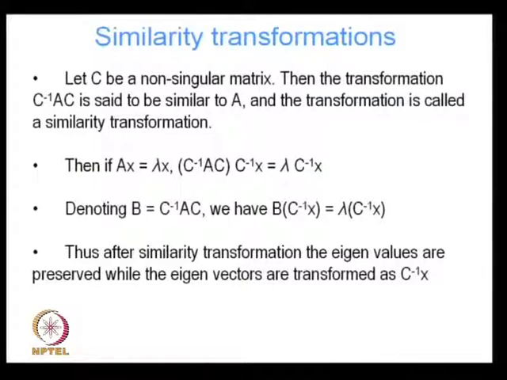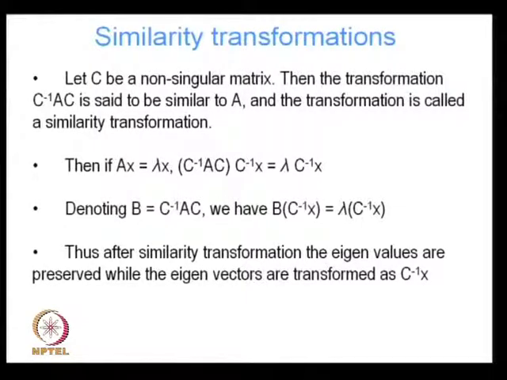But this last equation has the exact structure of an eigenvalue problem, which becomes evident if we replace C inverse AC with B. Now we can write B operating on C inverse x is equal to lambda times C inverse x.